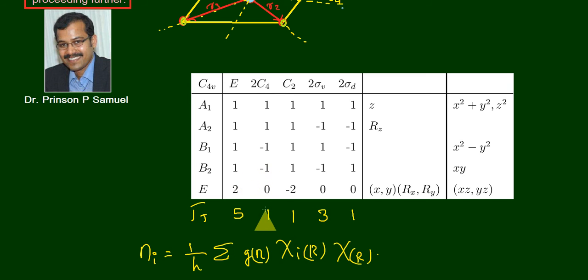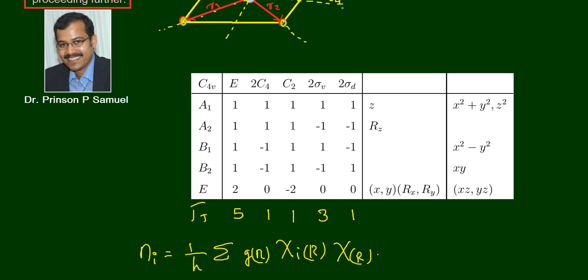Chi R is the character corresponding to the operation R in the total character set. So if you are taking C4 as the operation, the corresponding character is equal to 1, that is appearing in the total character set. And Ni is the number of times the ith representation will appear when we are reducing a reducible representation corresponding to this total character.